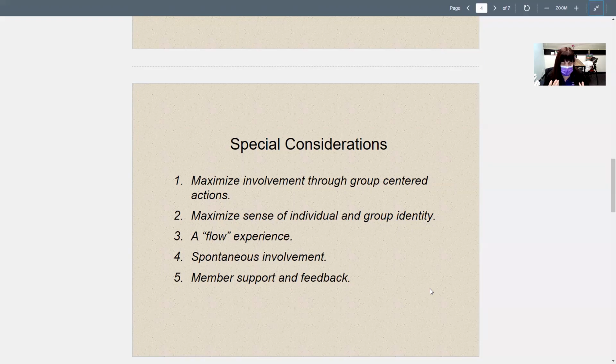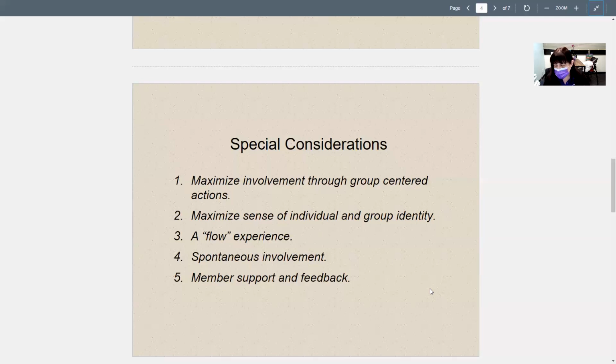And what happens is conversation just sort of effervesces out and they bond with each other that way by doing an activity, and they freely dialogue in the group. There's a flow of experience. It can maximize a sense of individual or group identity.